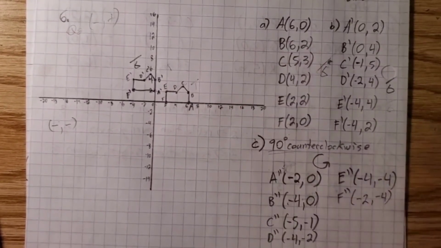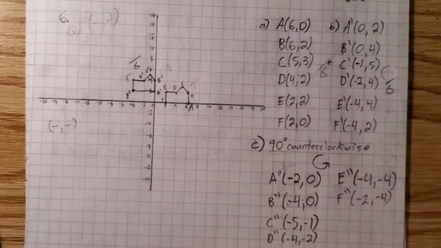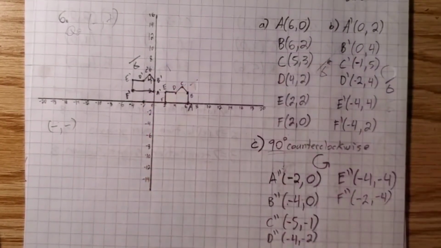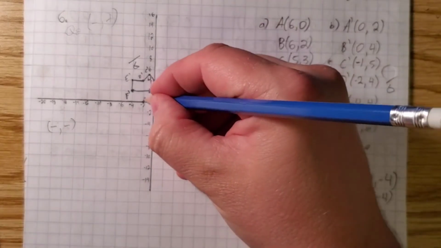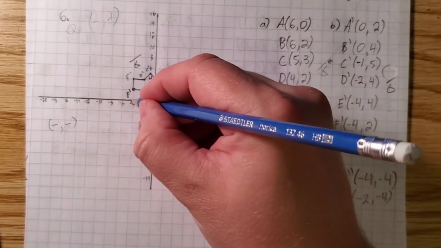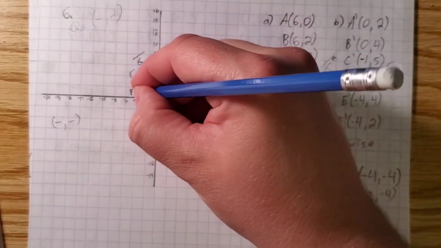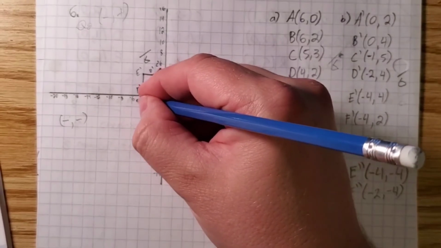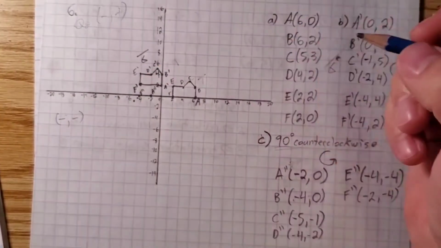Okay, now let's draw these points on this shape. -2, 0 is going to become A double prime. -4, 0 is B double prime. -5, -1 is C double prime.